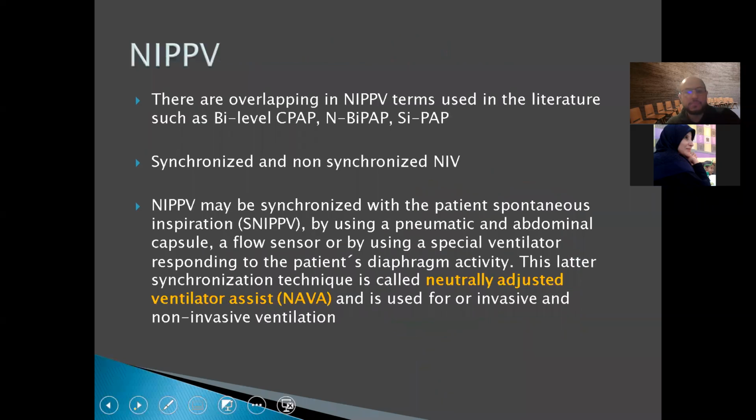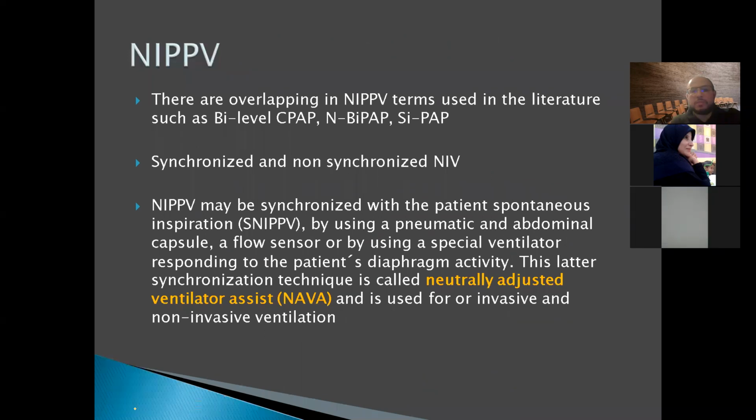Make sense? Very good. NIV, different terminology: bi-level CPAP or BiPAP or CPAP, we discussed. We have NIV, synchronized or non-synchronized. The synchronized is fancy. It's called neurally adjusted ventilatory assist, or NAVA.